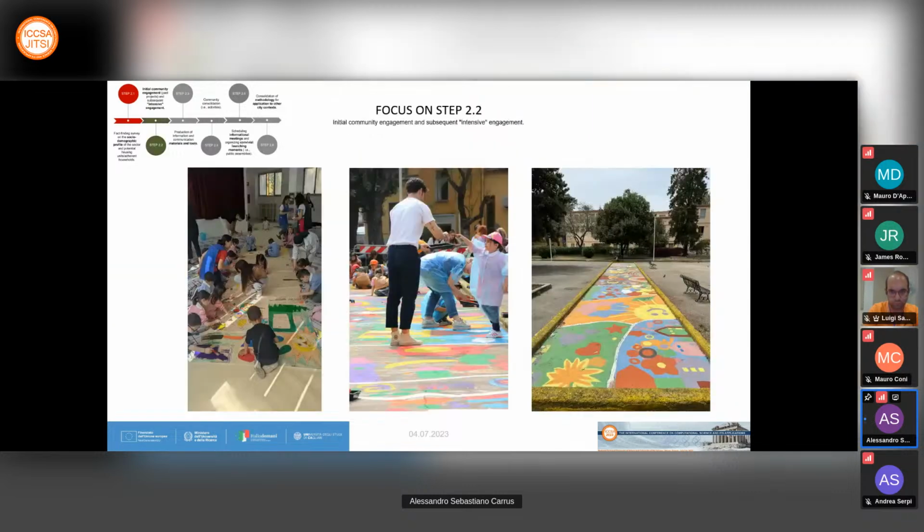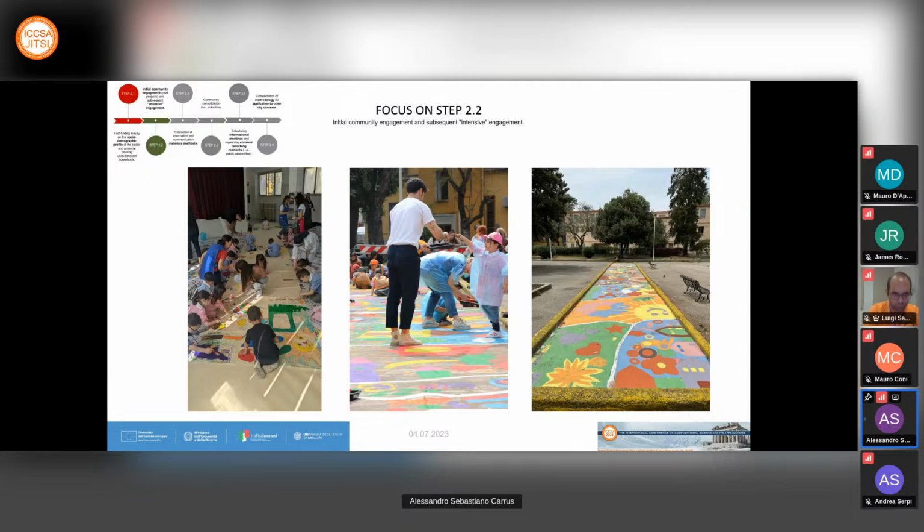In order to guarantee a greater engagement of the community of Piazza Medaglia Miracolosa, we have created a tactical urbanist activity with the engagement of the children of the kindergarten present in the center of the residential complex. The activity consists in the redevelopment of an old degraded bowling court in the center of Piazza Medaglia Miracolosa.